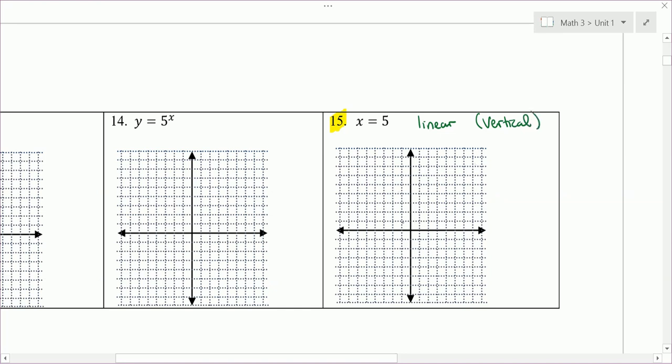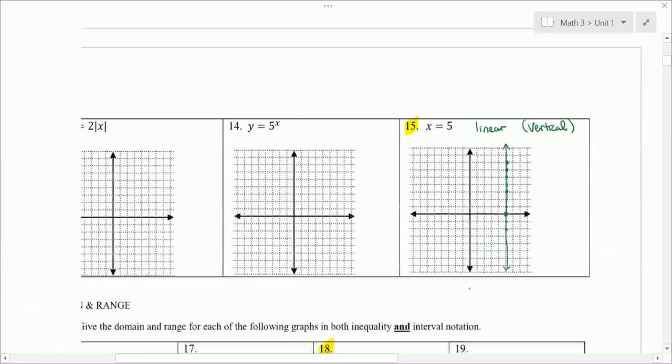So it's going to go through the x-axis at 5. So locate 1, 2, 3, 4, 5 on the x-axis, and you draw this vertical line. The reason it's vertical is if you pick any point on that vertical line and look at its x-coordinate, all the x-coordinates will be 5.